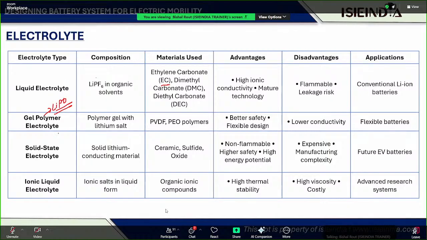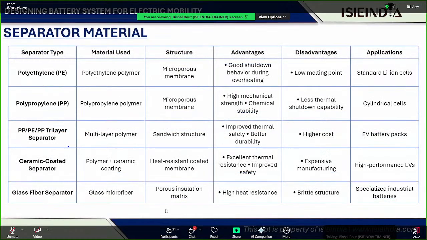So they have a gel-based electrolyte. I told you solid-state electrolyte is still under research, and ionic electrolytes, these are all ionic electrolytes, so this is not a separate electrolyte. And again, there is some other advanced research still going on, but I will tell you, there will be an instance sooner than later where this electrolyte will become famous, right? But it is not now, it will take some time.